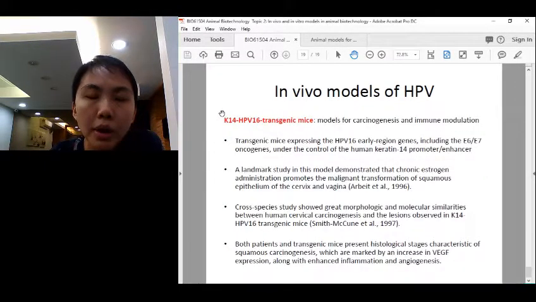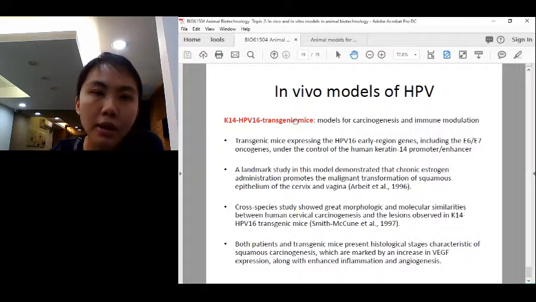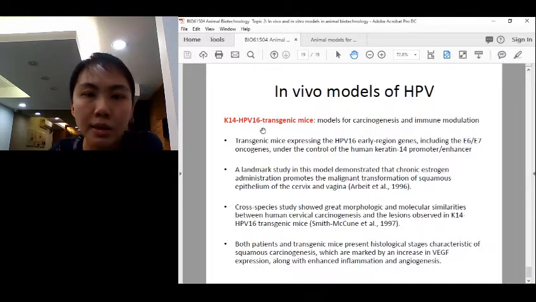So we look at one of the most commonly used models, which is the K14 HPV16 transgenic mice. This is a mouse model used to mimic carcinogenesis and immune modulation upon HPV infection. These transgenic mice express HPV early region genes, including the E6 and E7 oncogenes, under the control of the human keratin 14 promoter. Hence, you have the name K14 HPV16.